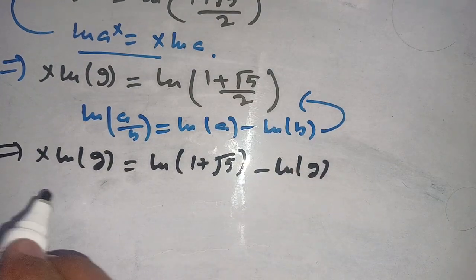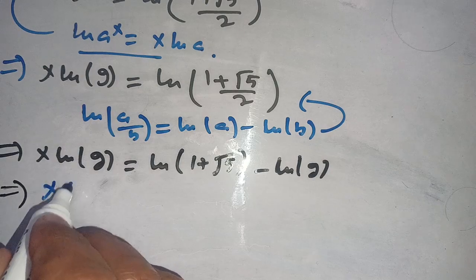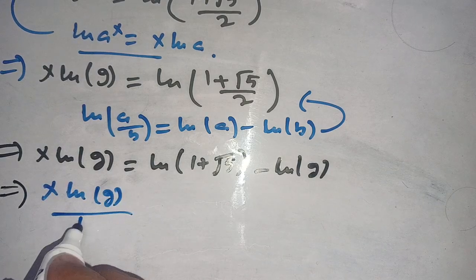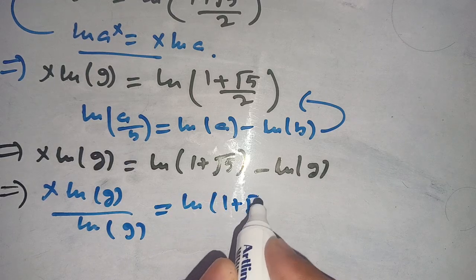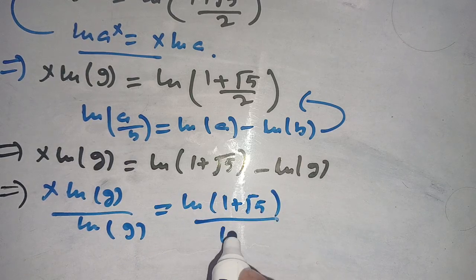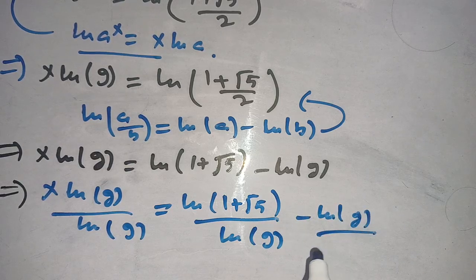Now, dividing both sides by ln 2, we get x ln 2 / ln 2 = ln(1 + √5) / ln 2 - ln 2 / ln 2.